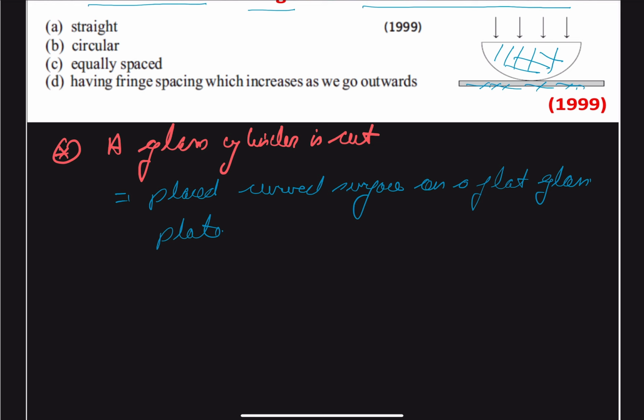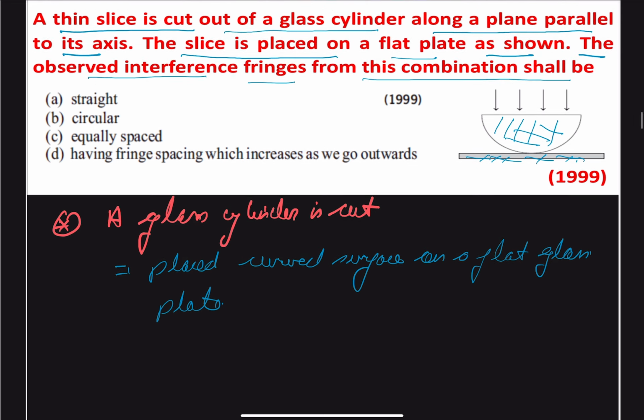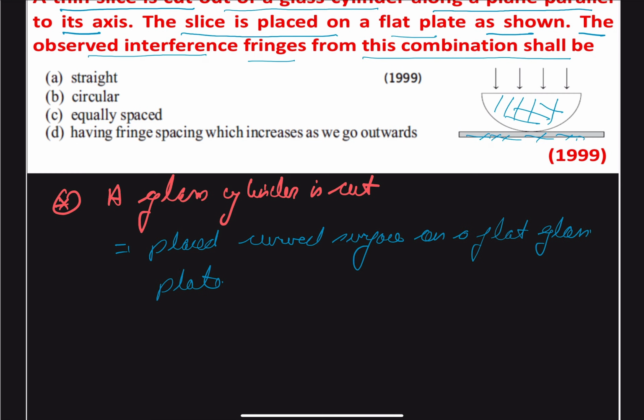And so we can say there will be a thin air film between the curved surface and the flat plate, and that is going to vary in thickness across the surface.